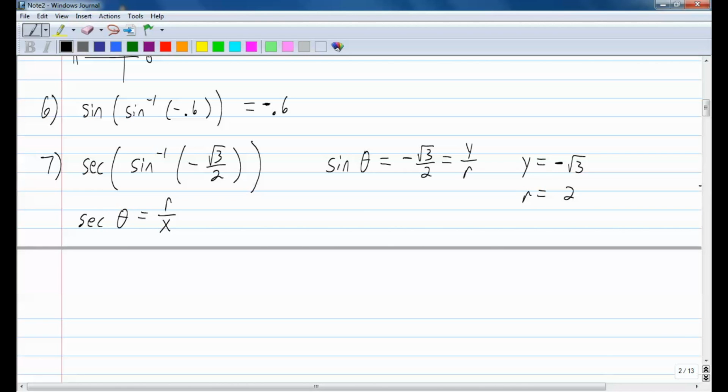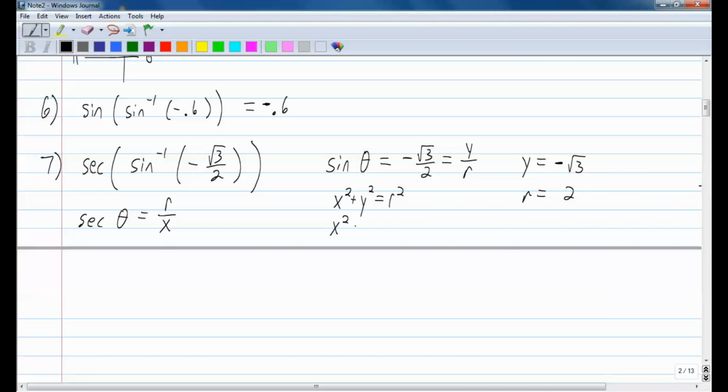I use the equation x squared plus y squared equals r squared to solve for x. We need to be careful with the positive or negative sign for x, and we'll come back to that when I solve for x. Let's plug in the y and the r.